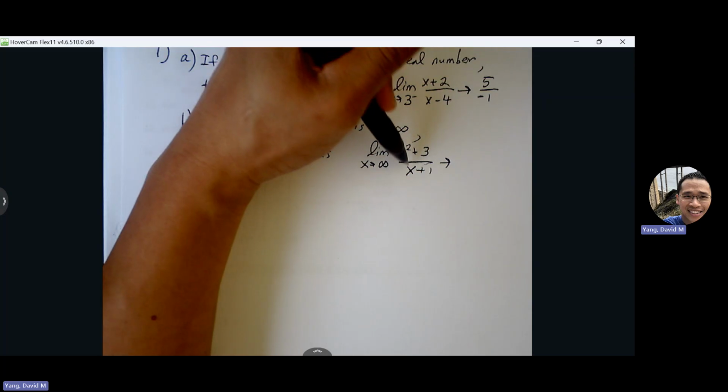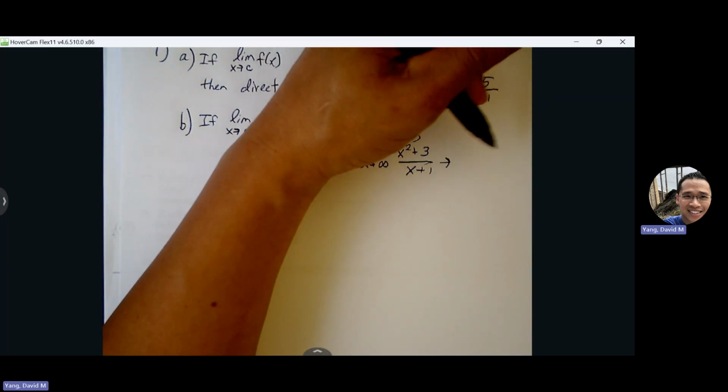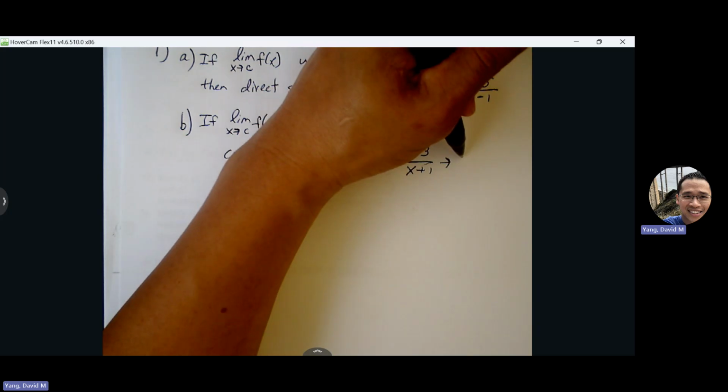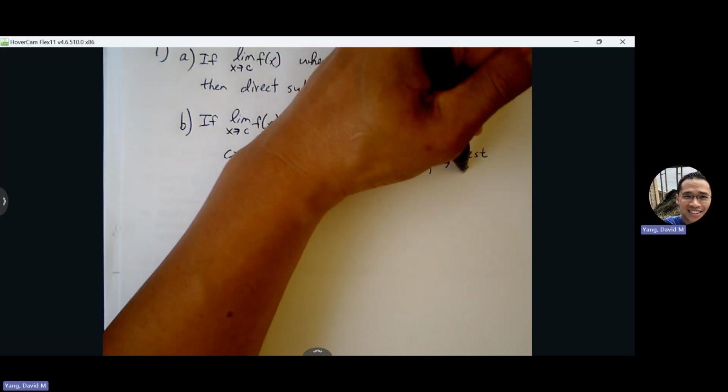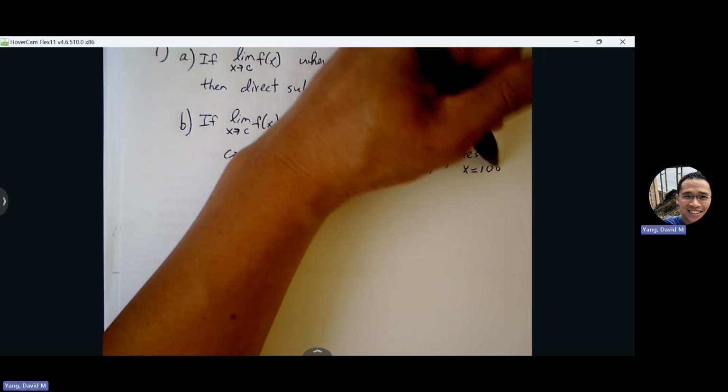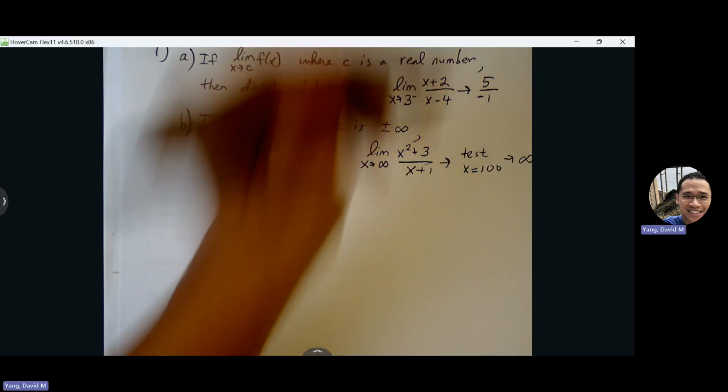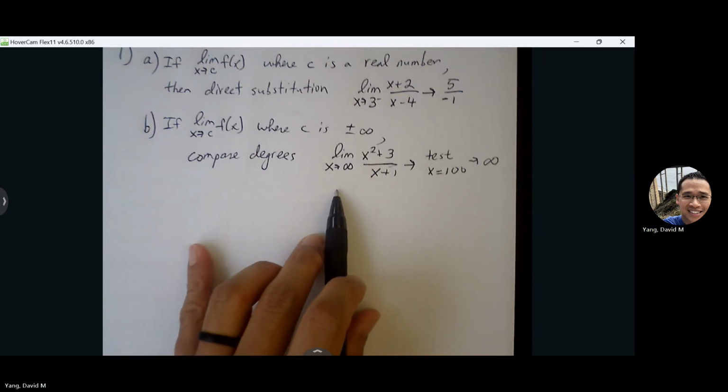The degree in the numerator is higher than the denominator. This is getting larger and larger up top than below. Then you know it's either plus or minus infinity. Now you can decide that you want to test a number that is in the direction that we're headed, right?